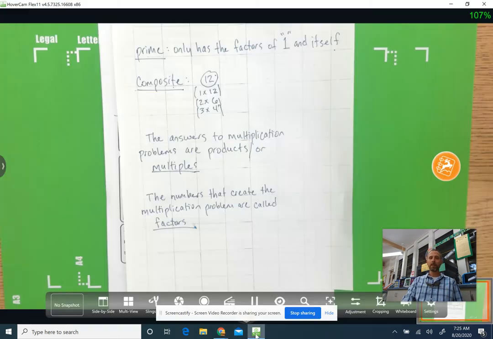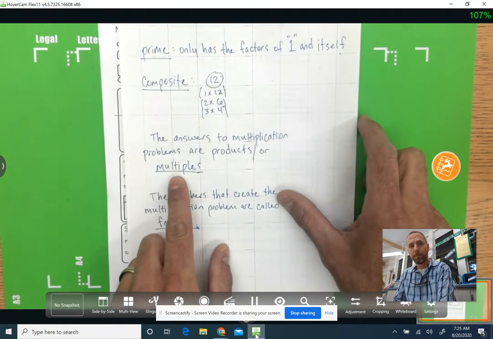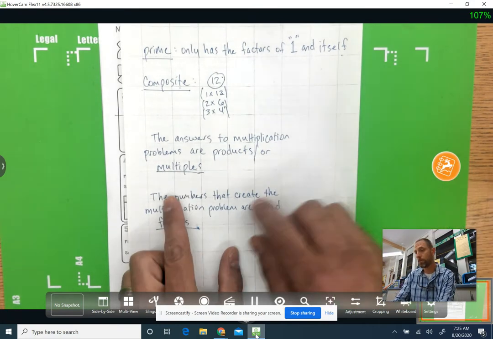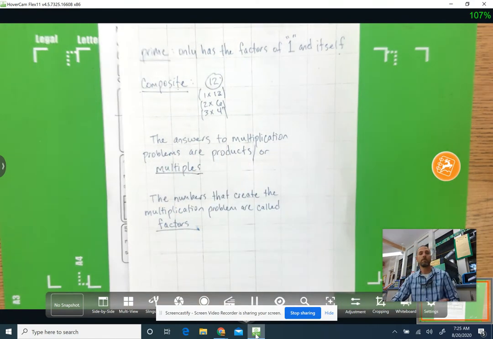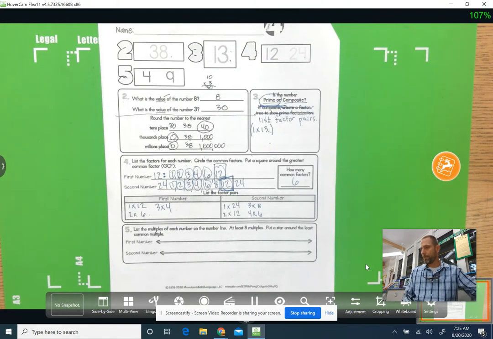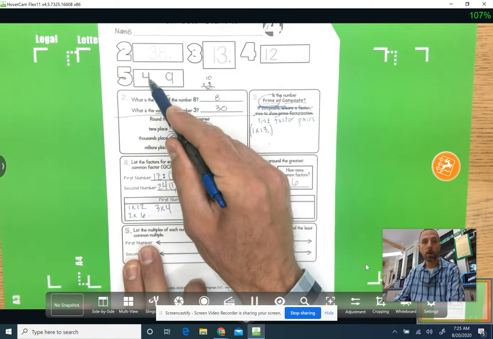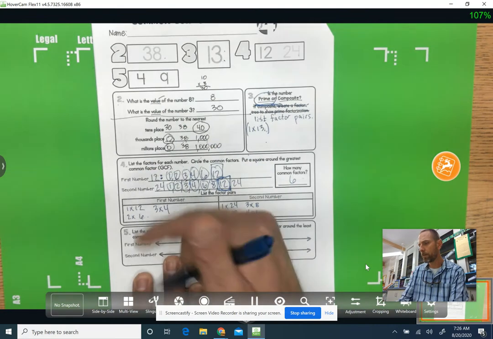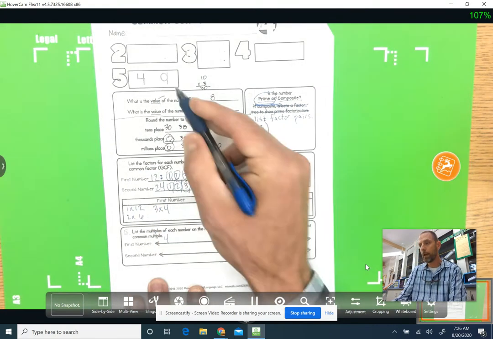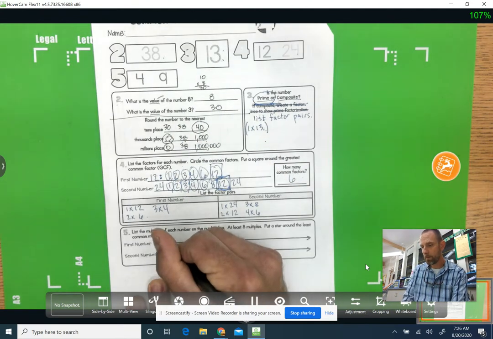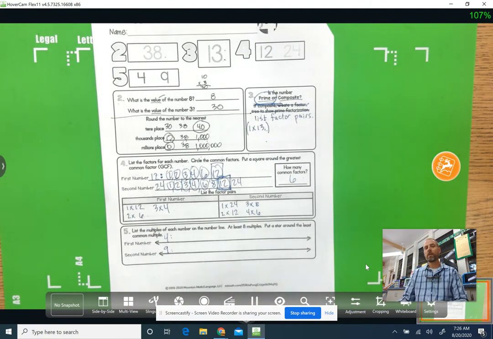We're going to be taking two numbers and we're going to be finding the multiples, or the answers to multiplication problems. Okay. So, number 5, the two numbers that we're going to be working with are the number 4 and the number 9. Eventually we're going to get to the point where we have these multiples memorized.